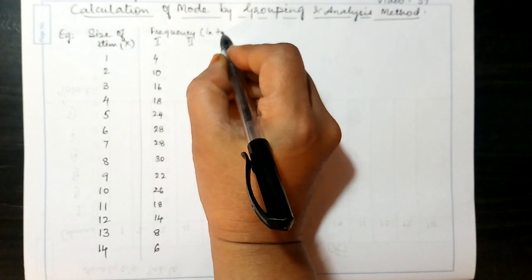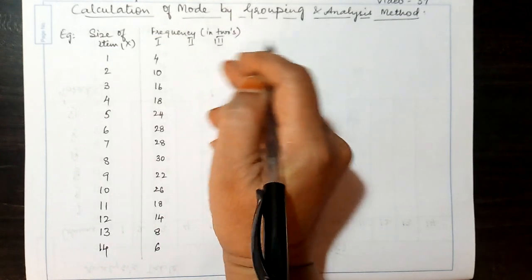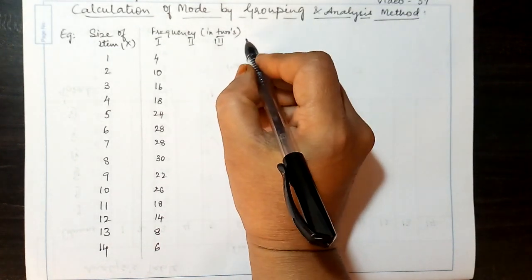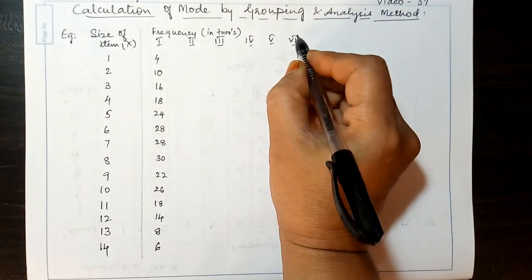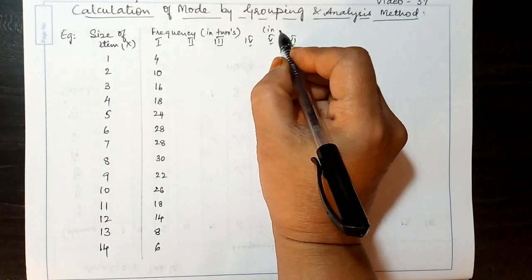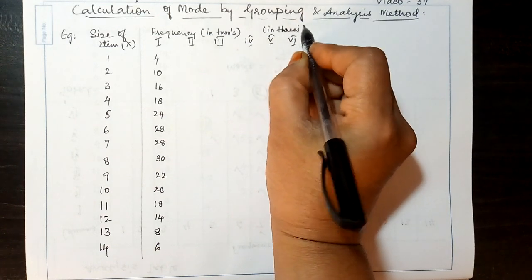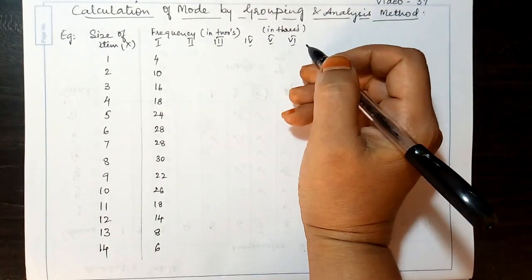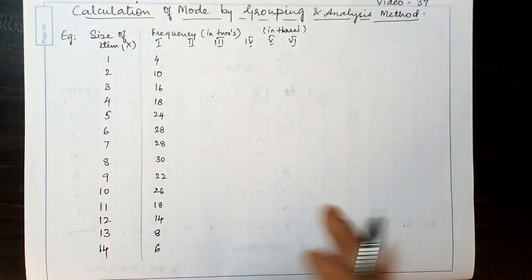The second and the third column, we will add the frequencies in twos. Then we will have the fourth, fifth and the sixth columns, in which we will be adding these frequencies in threes. So let's try to understand. I'll draw these lines and then we will add.